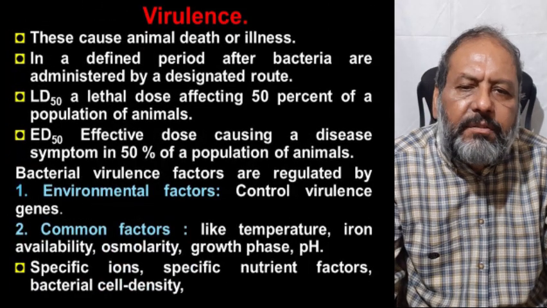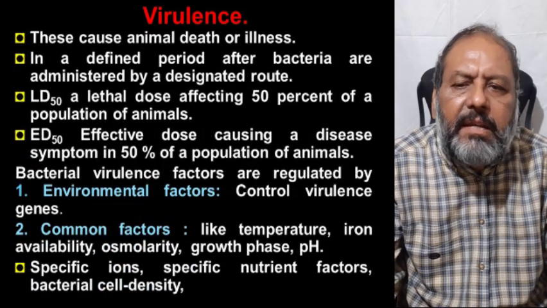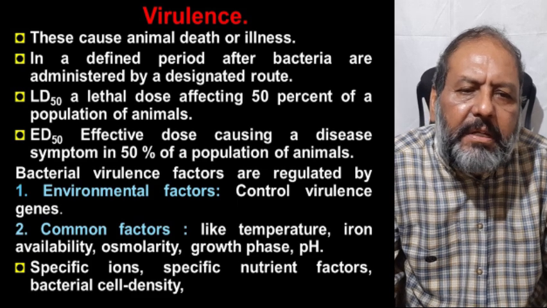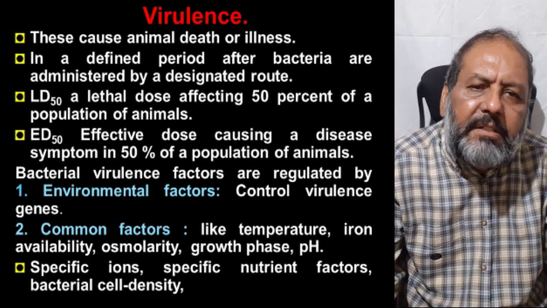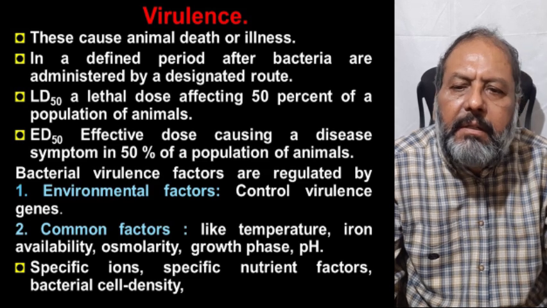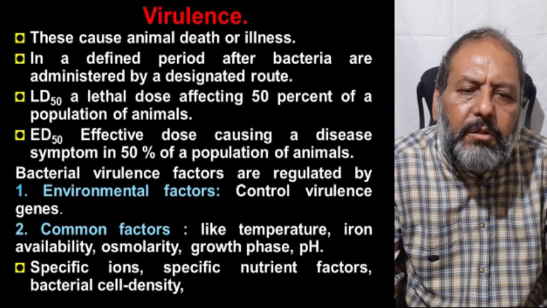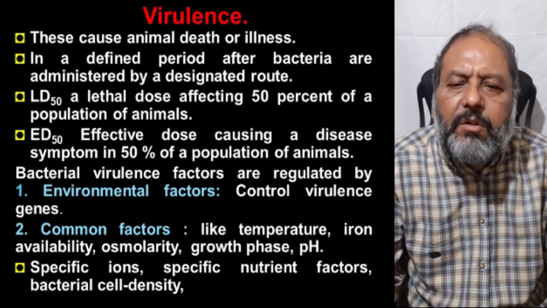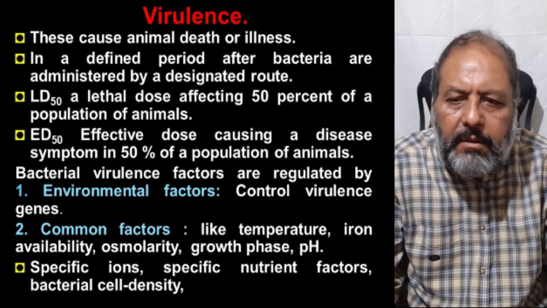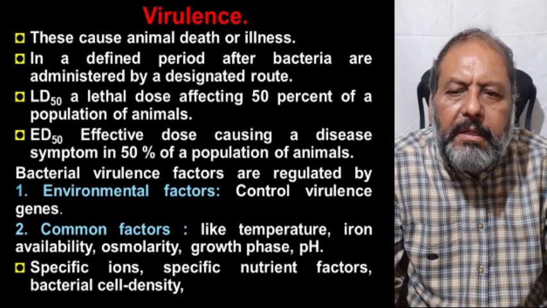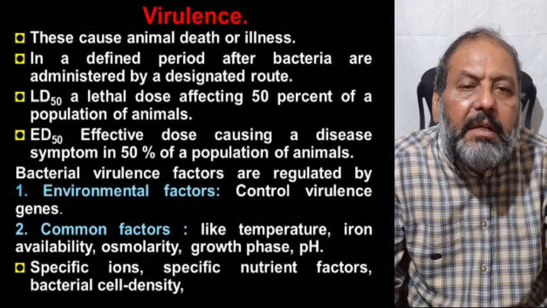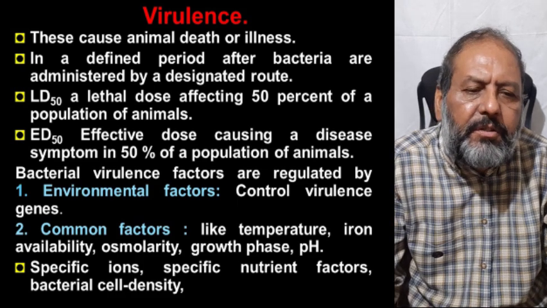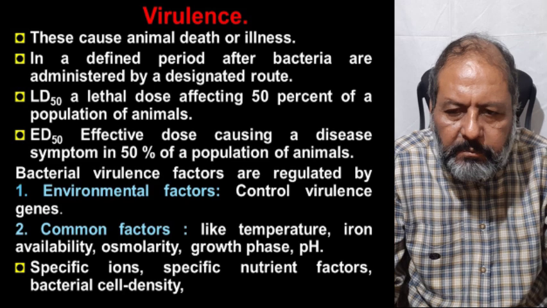So these cause animal death or illness in a defined period after bacteria are administered by a designated route into the body. LD50 is a lethal dose affecting 50% of a population of animals. ED50 is the effective dose causing a disease symptom in 50% of a population of animals.